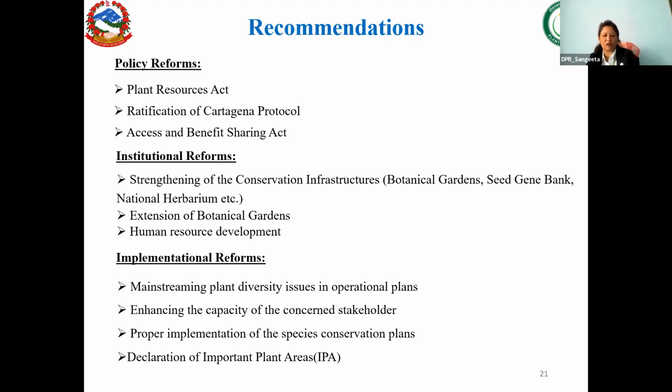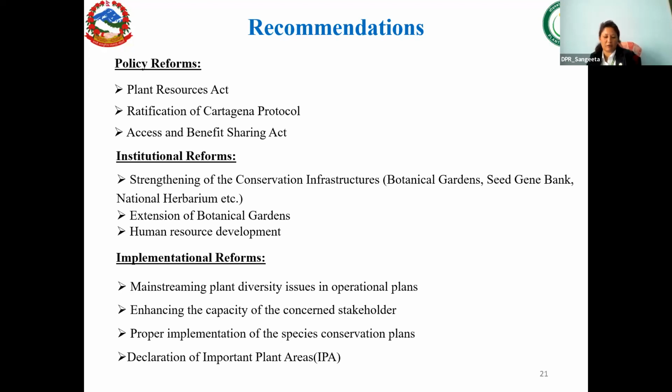What I see is that it is not enough and not rightly implemented in the field. Next is enhancing the capacity of the concerned stakeholders. All the concerned stakeholders should have the capacity to identify the plants and for further conservation reforms.